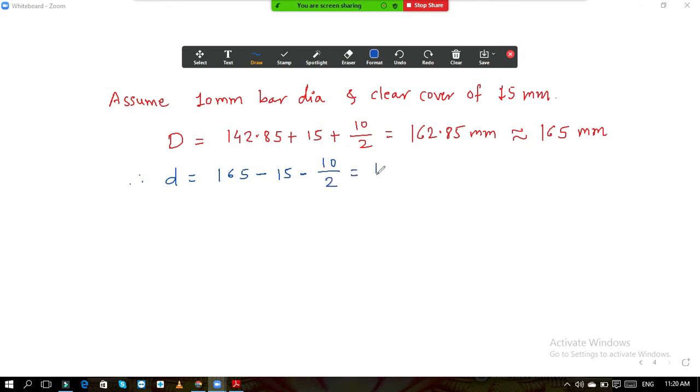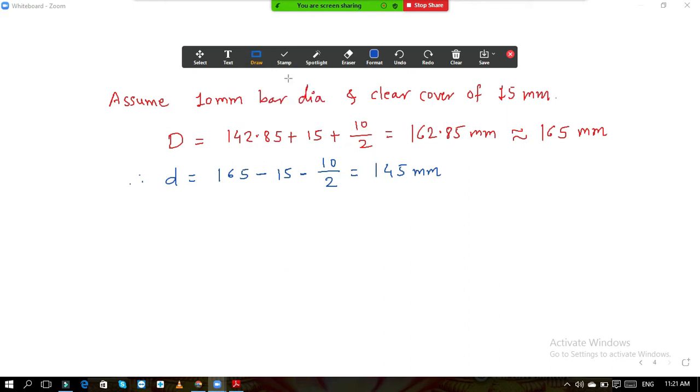So it works out to be 145 mm. Okay. So this is your effective depth along shorter direction.